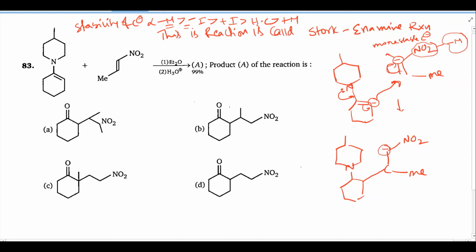So this is our product. After that, whenever you do hydrolysis to this, hydrolysis means H-OH, split like H plus. So H plus attaches at this position. Then you are going to get the mechanism.